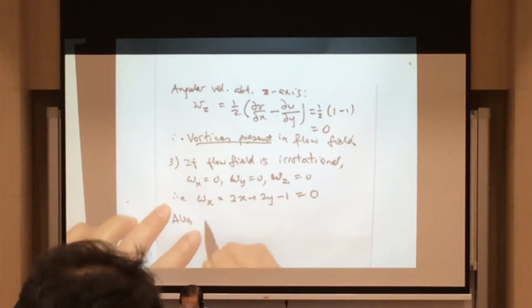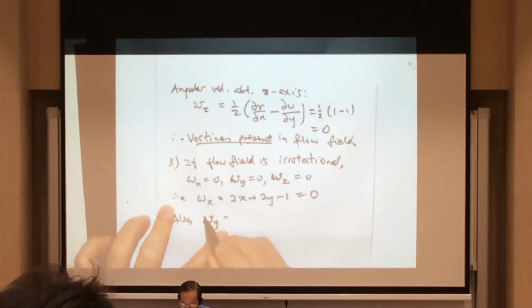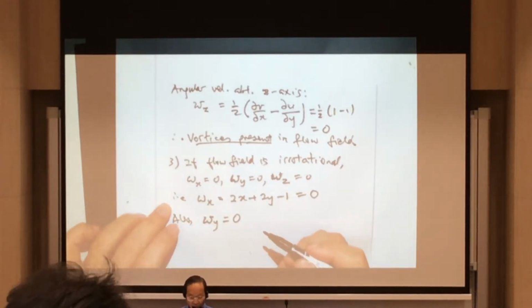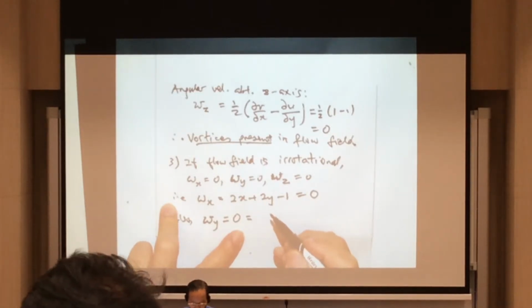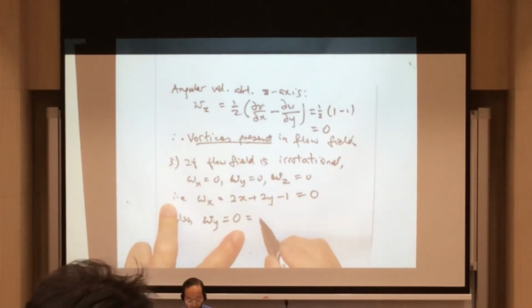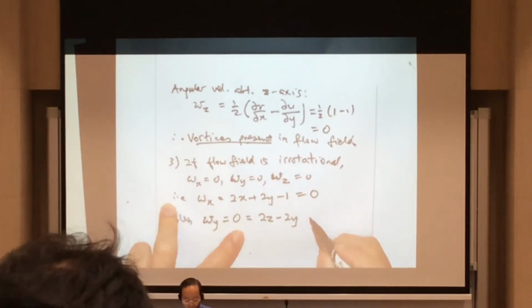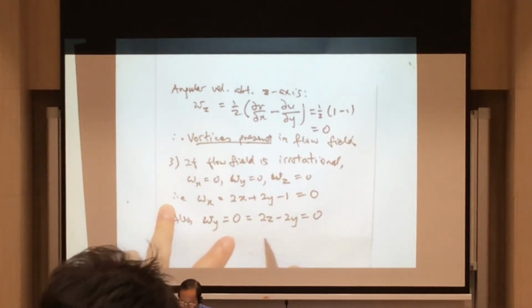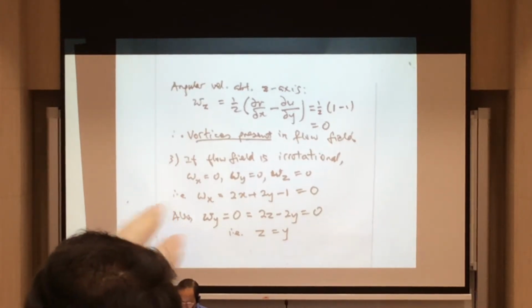Therefore, for irrotational flow, omega y equals 0, and the expression for omega y is half of 2z minus 2y equal to 0. You can take out the half, so it's as good as saying 2z minus 2y equals 0, which means z equals y.